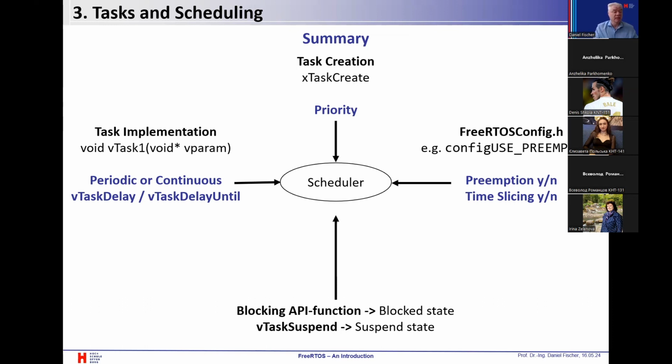You can suspend a task, and this also has an influence on the scheduler. It means it's not so easy to understand the whole system, because you have to check different files to understand why the scheduling is working in which way. Okay.